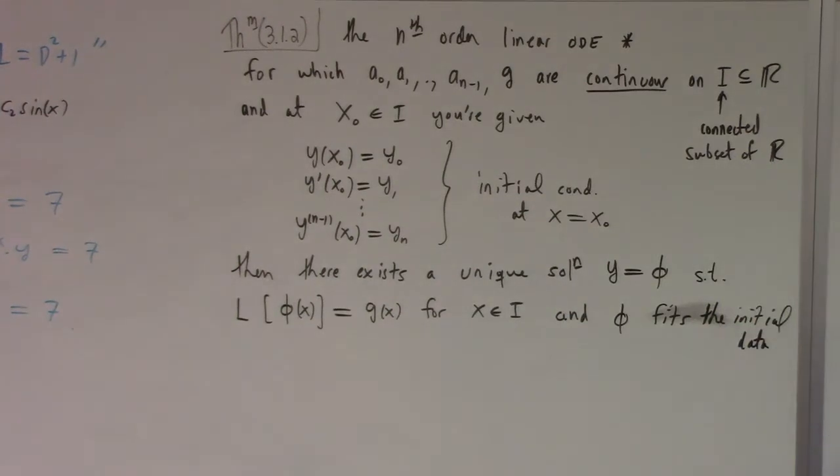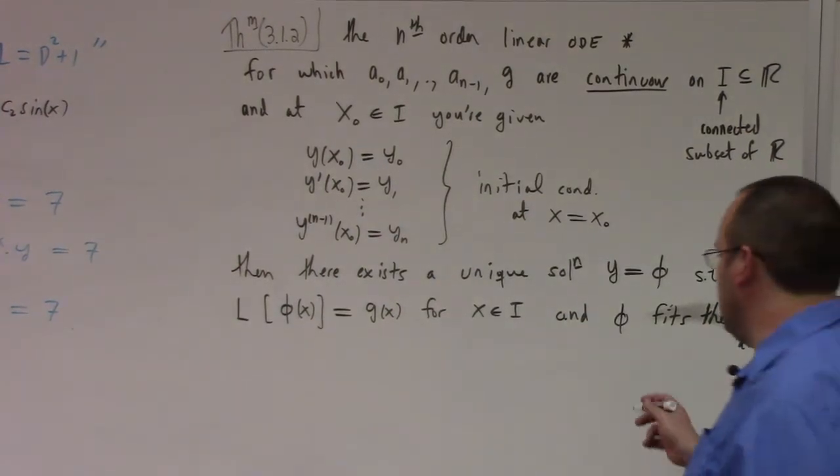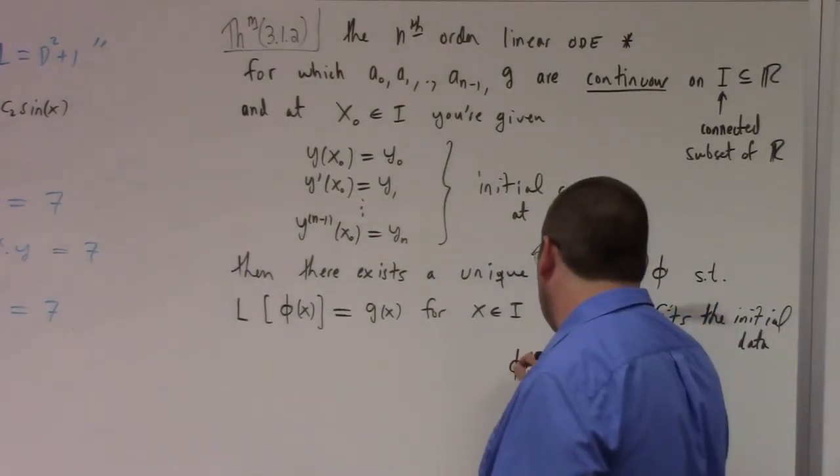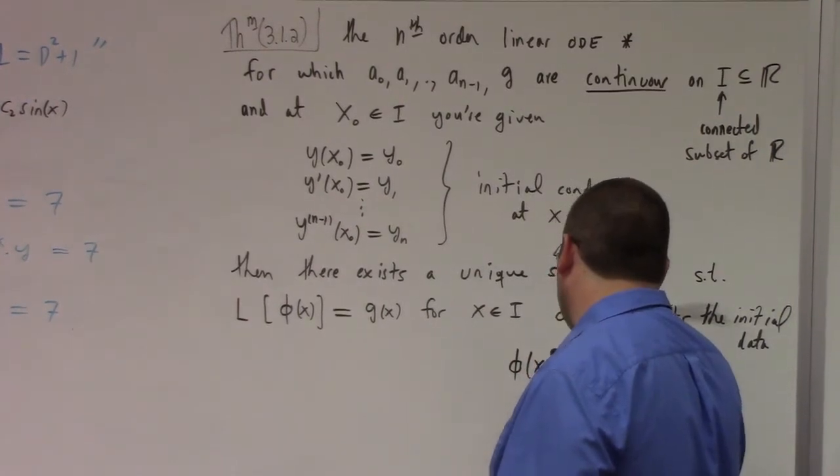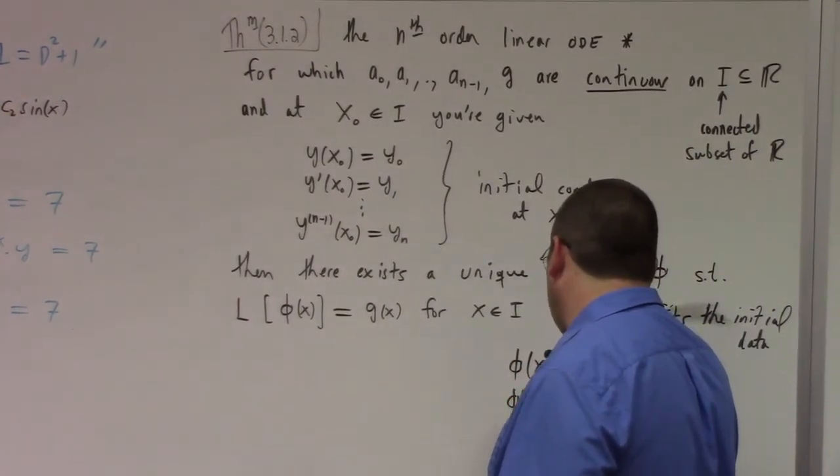What would I mean by phi fitting the initial data? Phi of x naught is going to be what? Phi prime of x naught is going to be what?